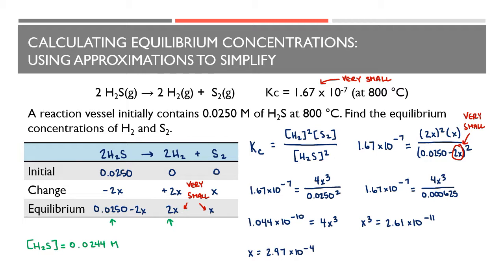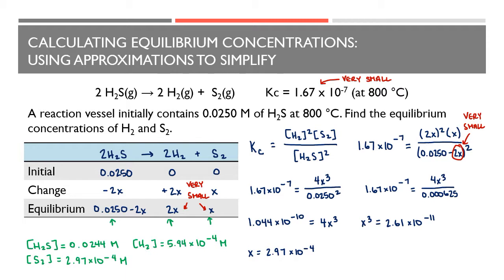That tells me that the H2S barely reacted. Barely any of it went away. So the concentrations of my H2 and my S2 should be very, very small. The concentration of my H2 is 2x, which is 5.94 times 10 to the negative 4th molar. And the concentration of my S2 is 2.97 times 10 to the negative 4th molar. So I have the concentrations of all three species in this reaction.